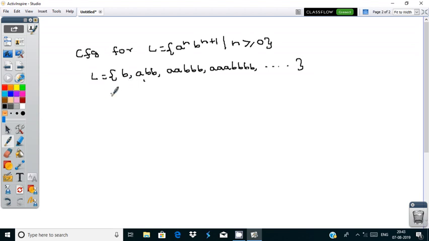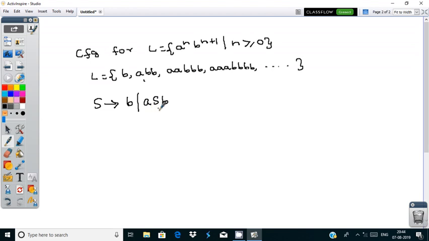So let us first generate the minimum string: S tends to b. And you should always have the number of a's equal to b's, with one more b existing, so you generate like this: a S b.